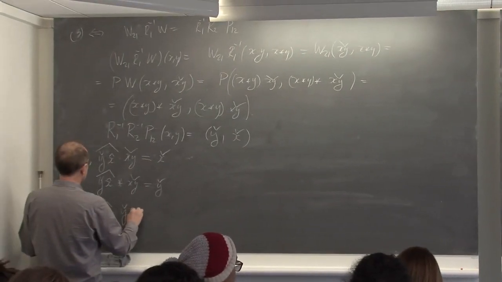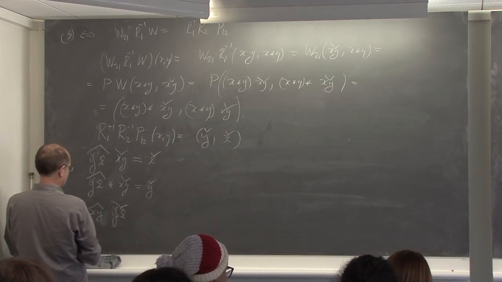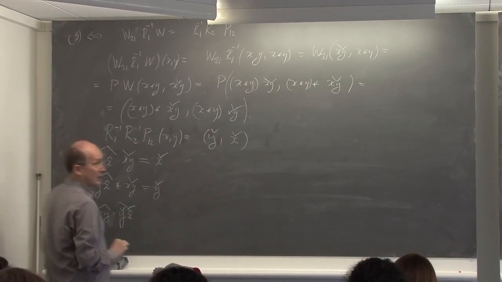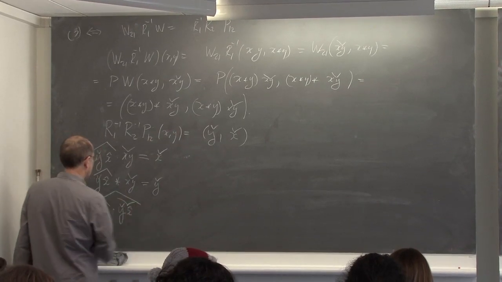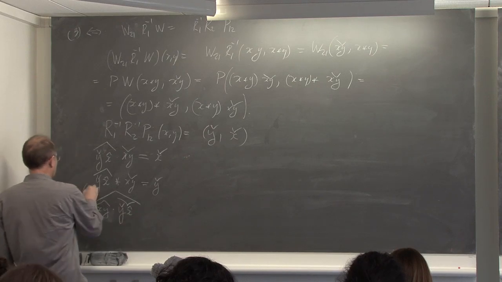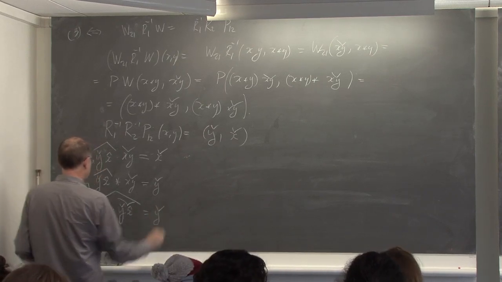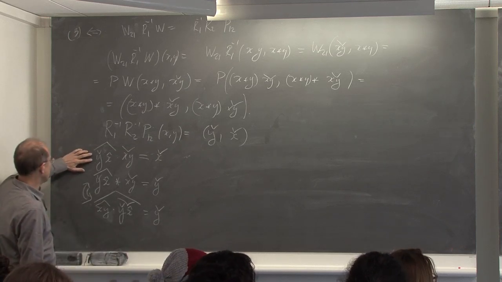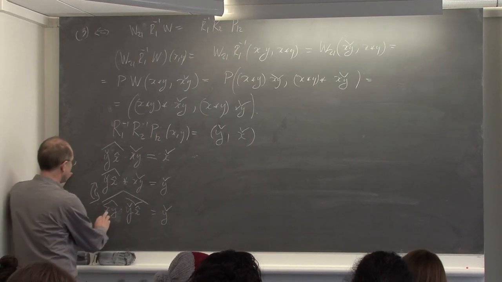So y check, x hat, so double hat will be check. Right, and then we have to put one common hat. So this is the equivalent to y check. Yeah, it looks fine.